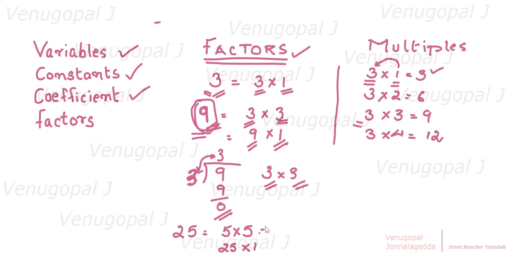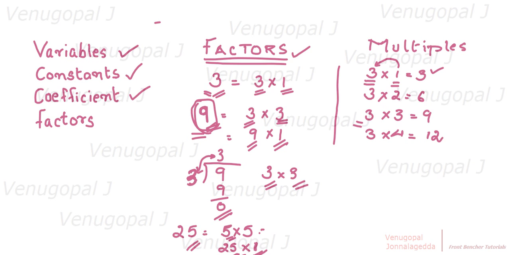This is also another way of finding the factors. You have 5, 25, and 1. These are the factors of 25. So basically you will have 25 in the multiples of 5, in the multiples of 25, and in the multiples of 1. 1 twenty-fives are 25. So that's how.